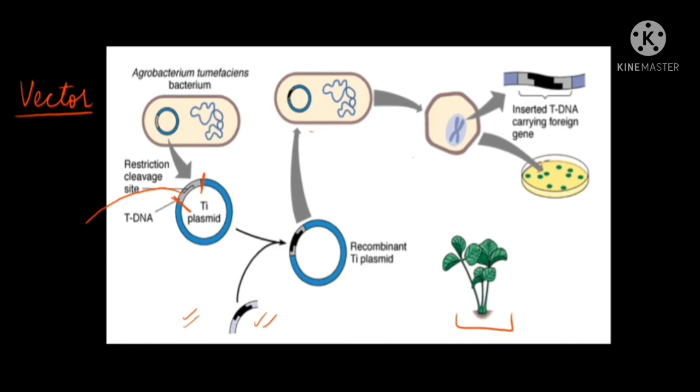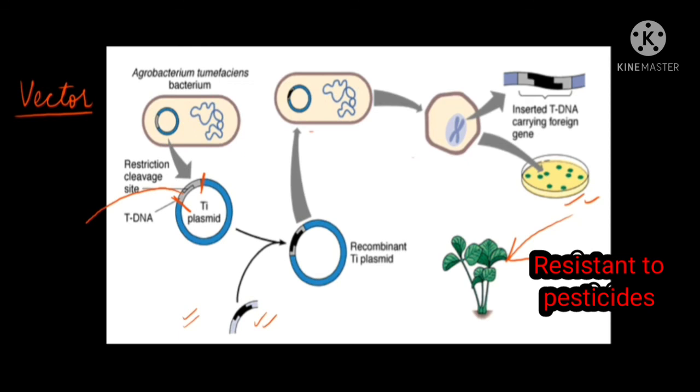So at the end, this bacterium, after forming multiple copies, is transferred into the plant, and after some growth, we will be able to see that this plant becomes resistant to pesticides.